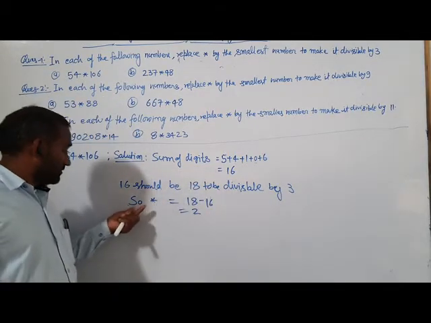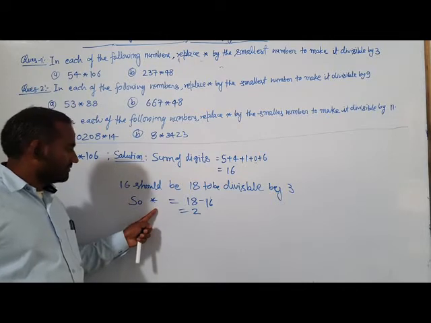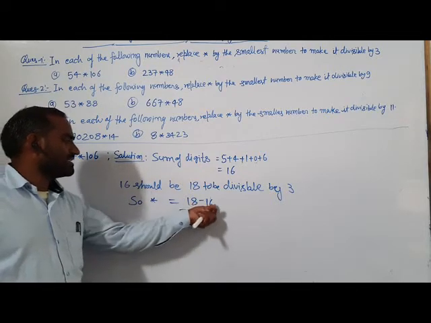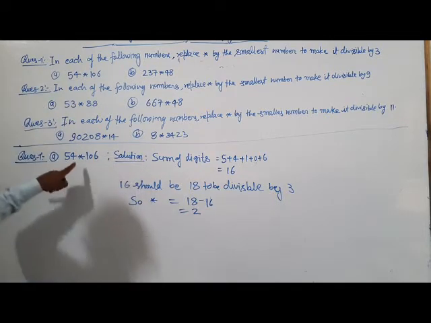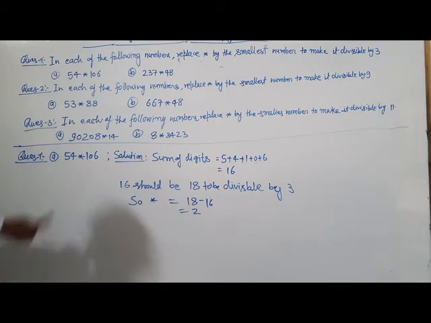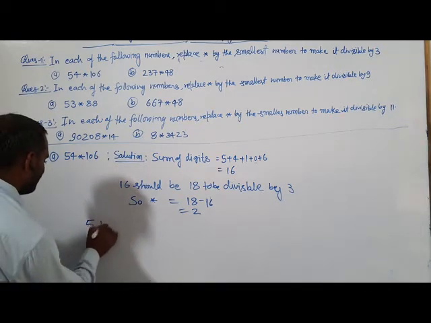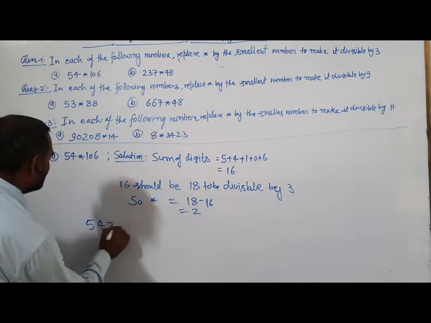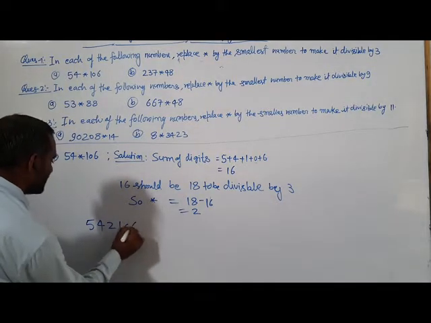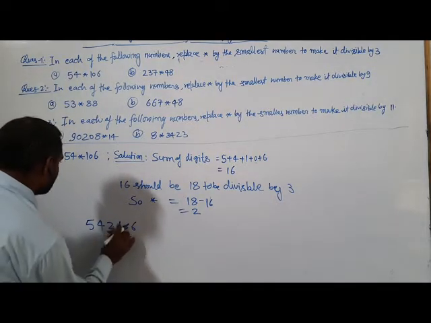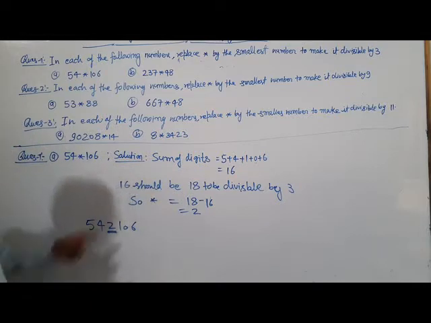So star is equal to 18 minus 16, which is 2. So you have to fill 2 here. So the number is 5 4 2 1 0 6, and star is equal to 2.